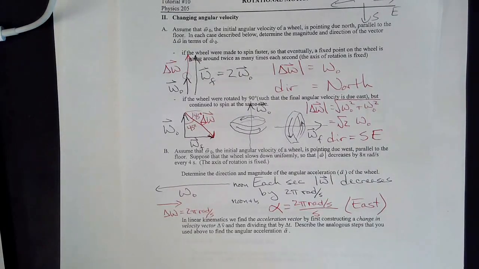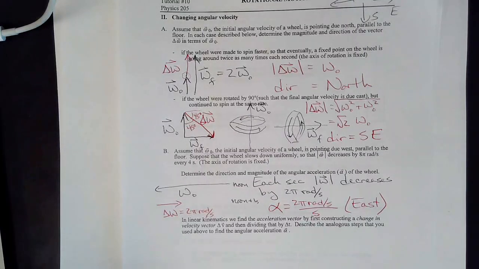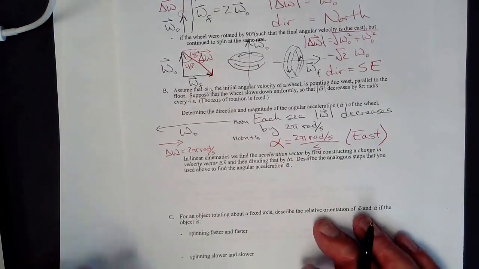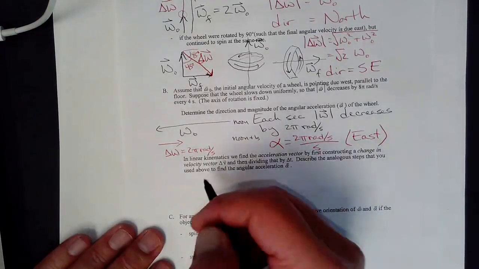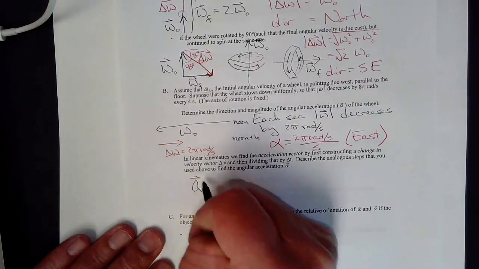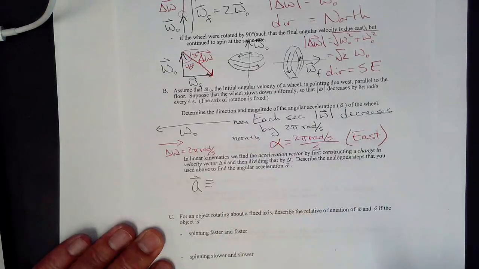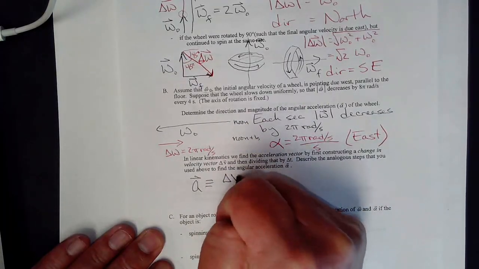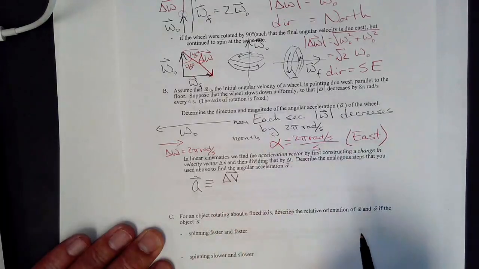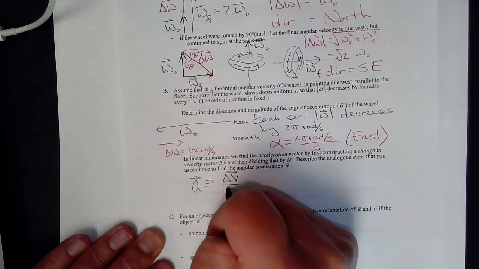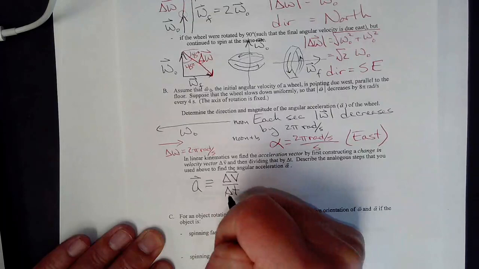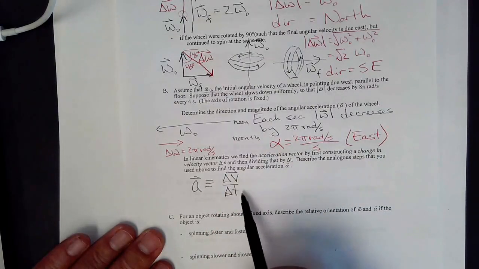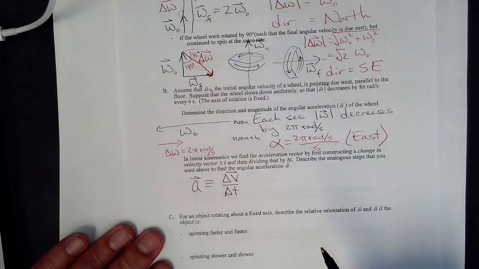So in linear kinematics, we define the acceleration by finding the change in velocity vector for any given time interval and then dividing by that time interval. And we understand what that means by plugging in a time interval of 1 second.